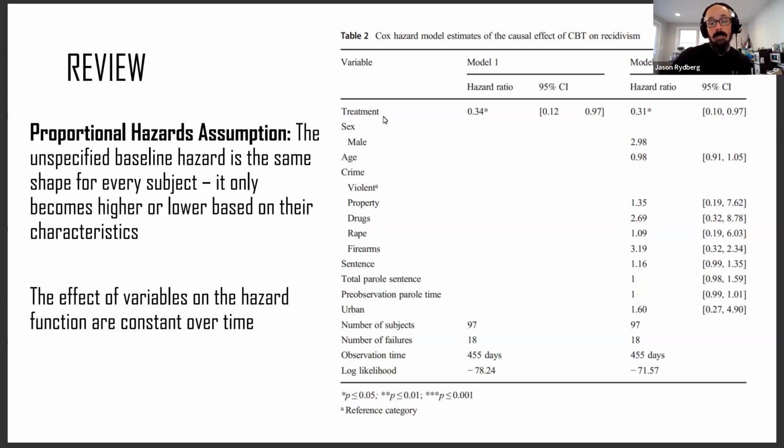In the previous class, we talked about strategies for working around it if there was a problem, but don't ignore it. If I'm reviewing and you're presenting a Cox proportional hazards model, I want to know: was the proportional hazards assumption met? How did you determine whether or not it was met?